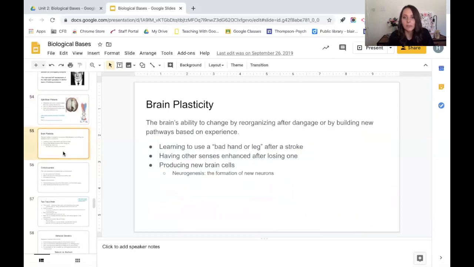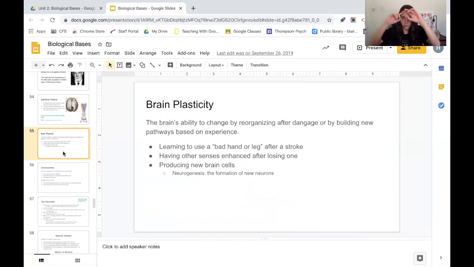And then brain plasticity. We forget this one sometimes, but if a part of the brain is damaged, other parts of the brain try to step up to help out and overcompensate for that area that has been hurt. And sometimes it can even rebuild new neural pathways that have been damaged or destroyed. That's a really cool thing that your brain is able to do.